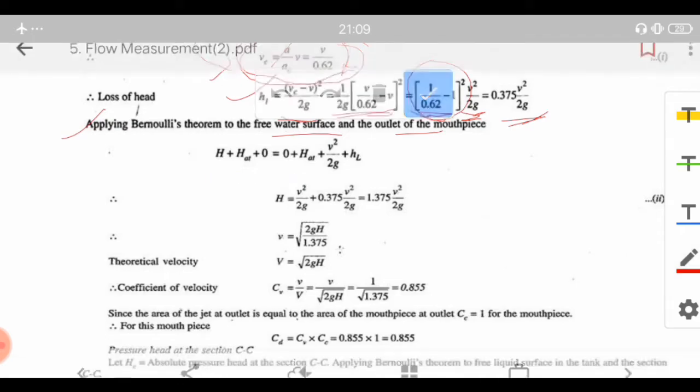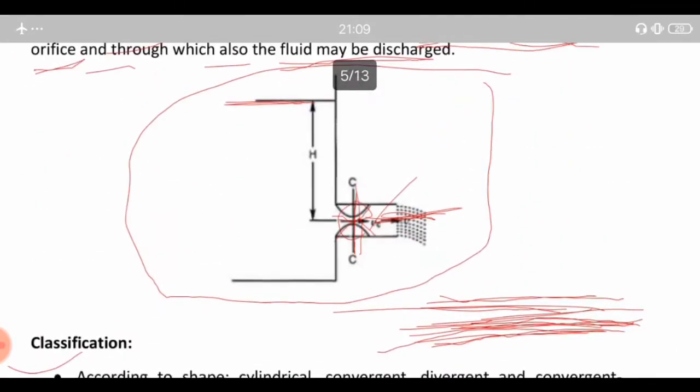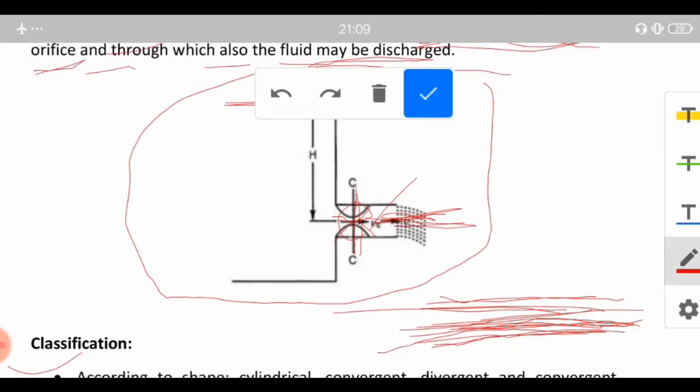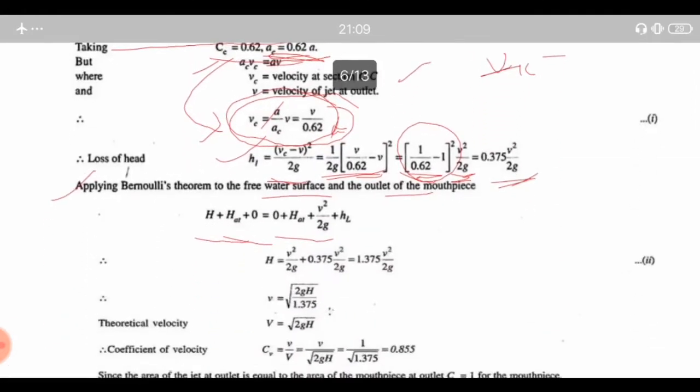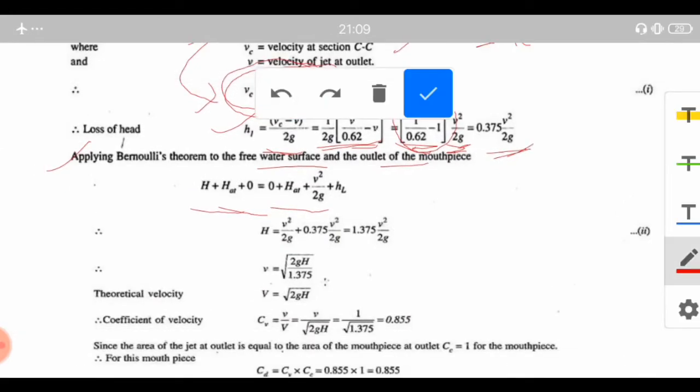See, this part of the mouthpiece will be having some flow, this part won't be having any flow, so the velocity over here will be 0 and the velocity will have some significance over here. So you can see there is no velocity term over here, but we have a V square upon 2g over here.